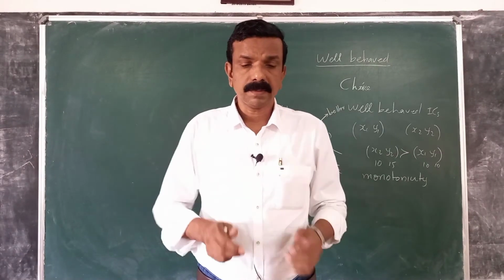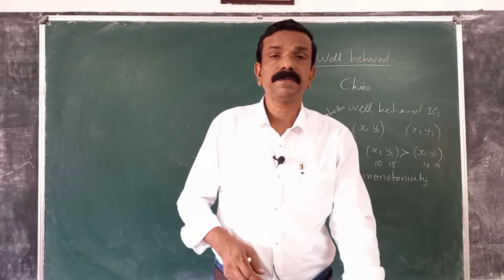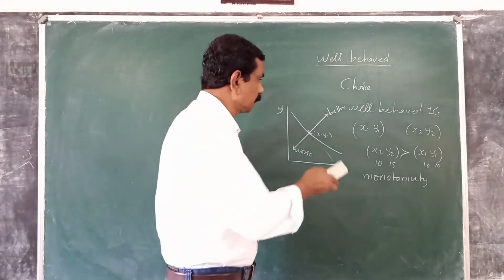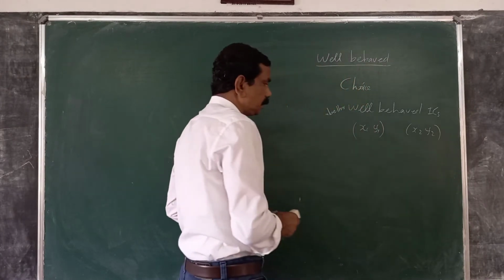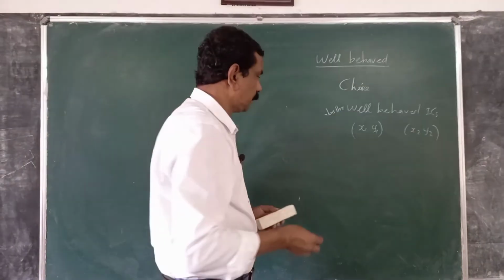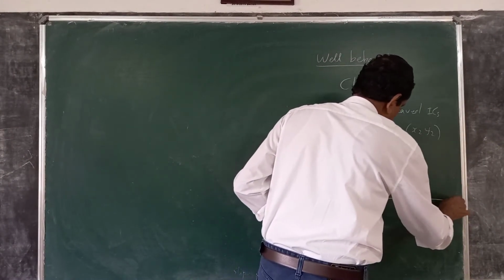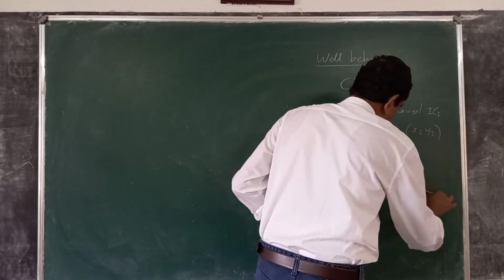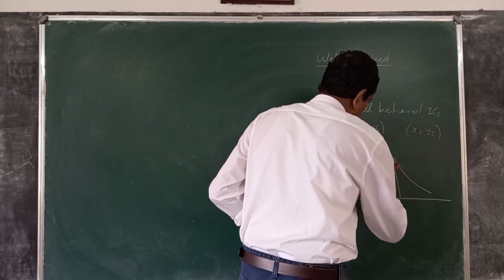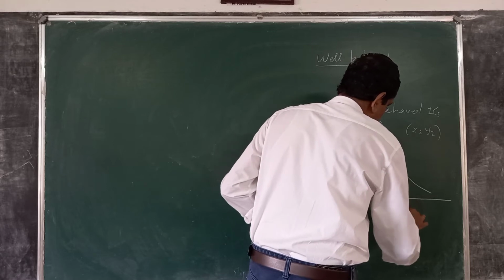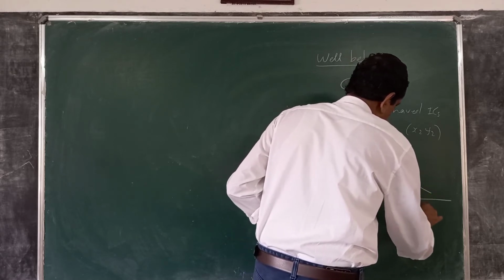The second axiom is, we assume that averages are preferred to extremes. If X1, Y1 and X2, Y2 are any two bundles, in the form of an indifference curve, suppose this is Y1, X1, then this is Y2, X2.